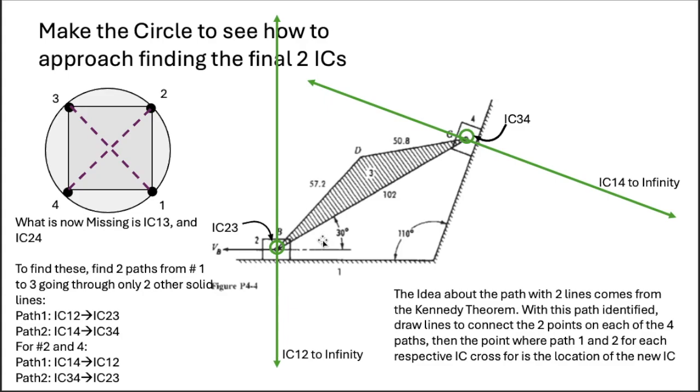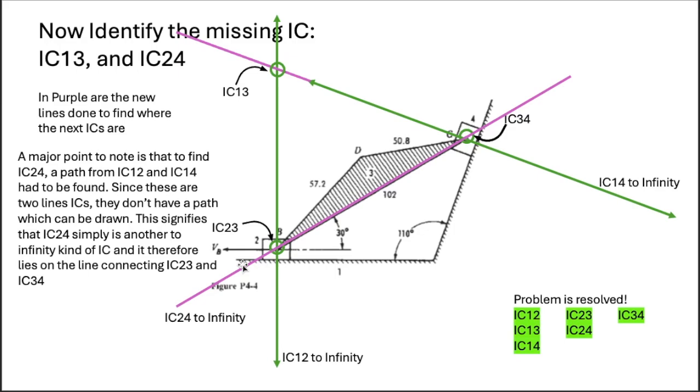Okay? So you can draw the line from 2, 3 to 3, 4. You draw that line, and then you just mark IC, instance center 2, 4 at infinity. And that's what we have done here, right? We drew the line. We've identified that instance center.